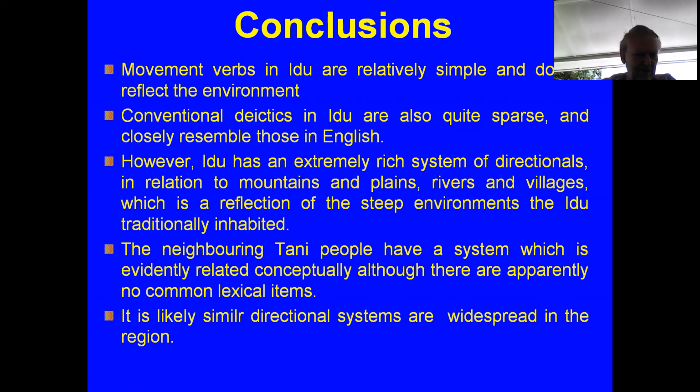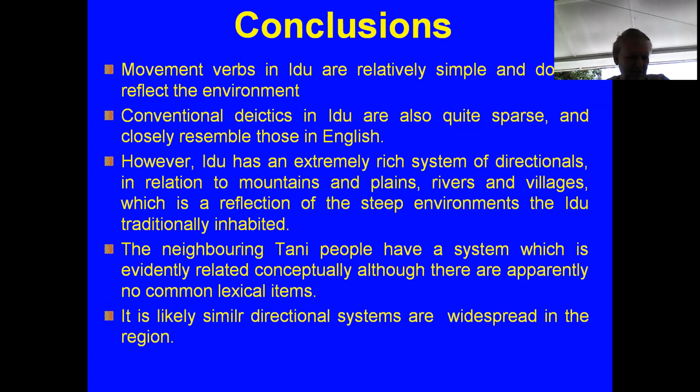And similarly, the whole social system of the Idu relates to these up and down terms, and in particular to spirituality, because the higher you go up the mountain, the more spiritual you are, and all the most important shamans, for example, have to climb up to the Tibetan Plateau in order to receive enlightenment. So there's a lot of spiritual connections to directional vocabulary.